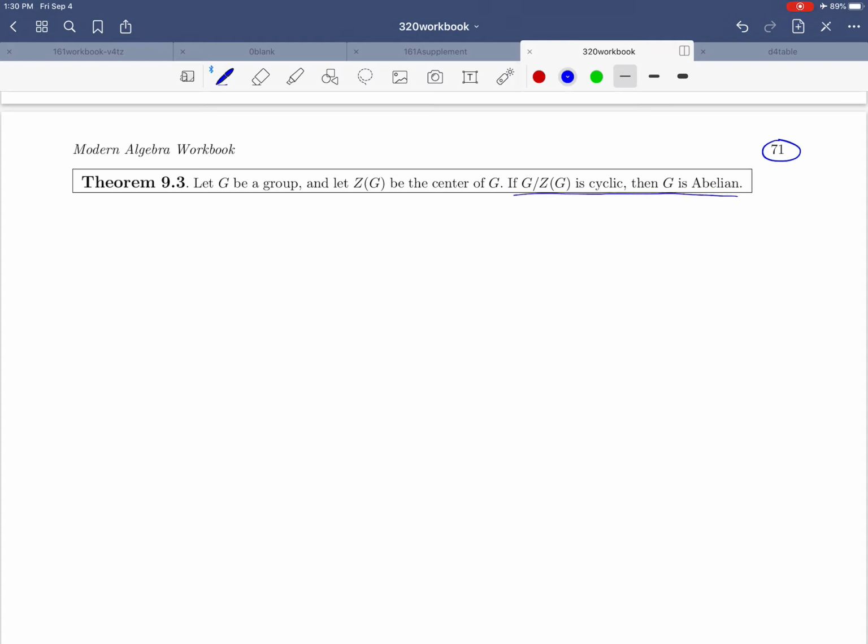Okay, now let's remind ourselves what some of this notation means here. The center of a group is the set of all elements that commute with everything in the group.